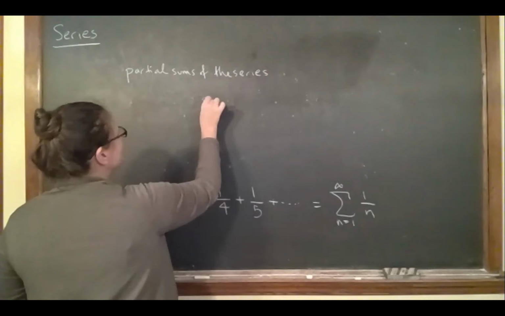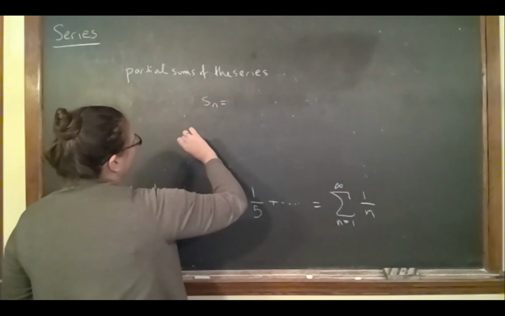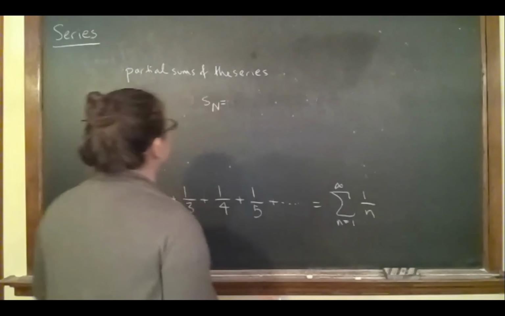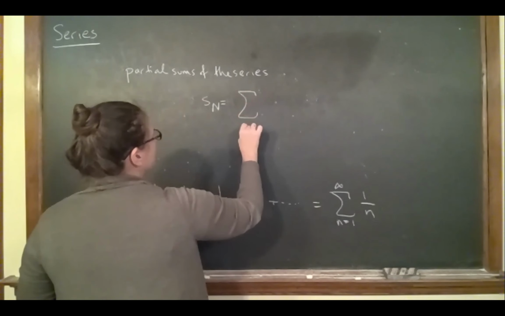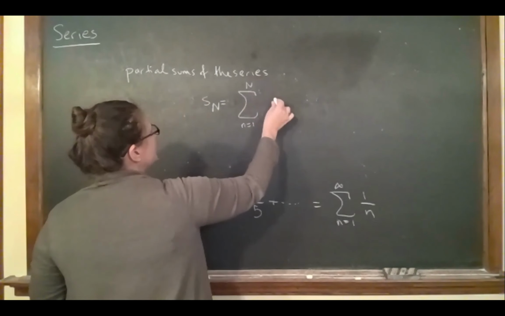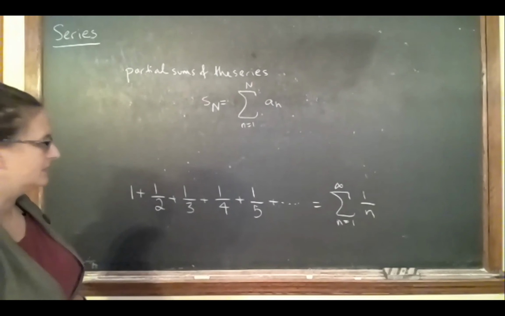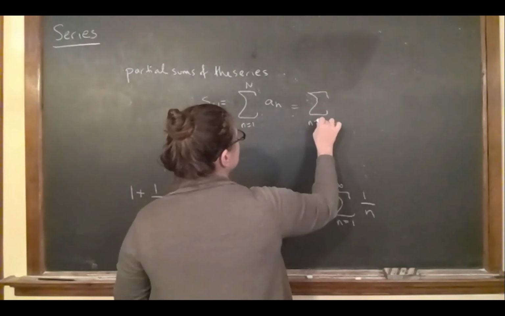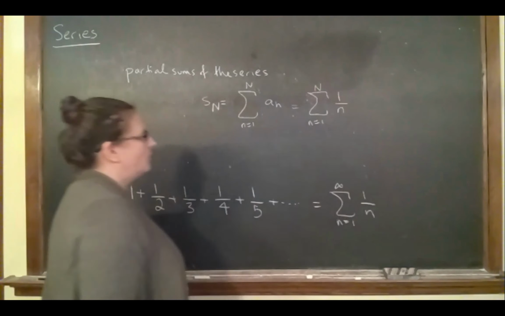So S sub n, I think your book uses a big N, is the sum from little n equals 1 to big N of whatever your series terms is. So in our case, it would be the sum from little n to big N of 1 over n.